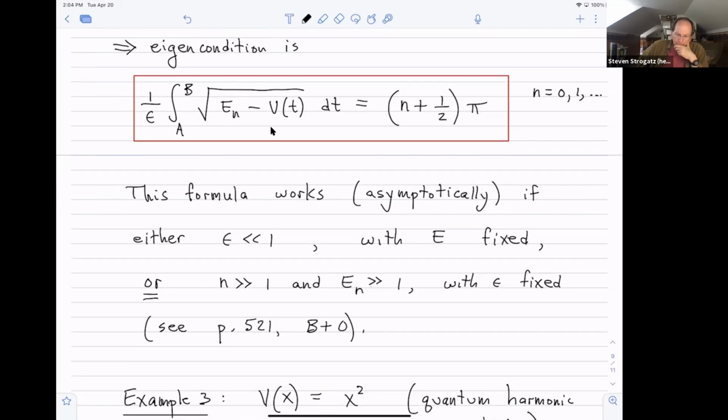So why? Yeah, that's a fair question. I'm not sure. We could consult what they say, or maybe we could try to think about it.